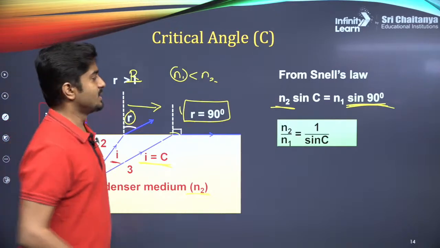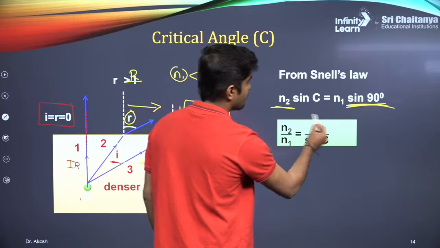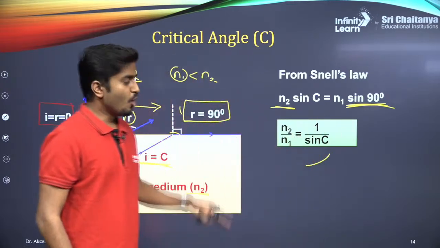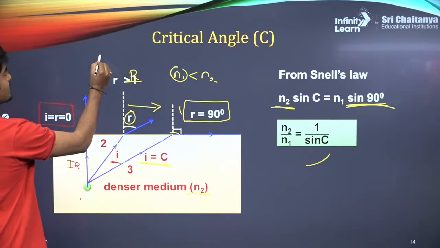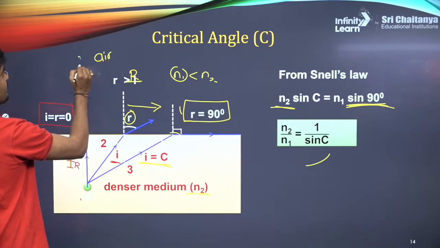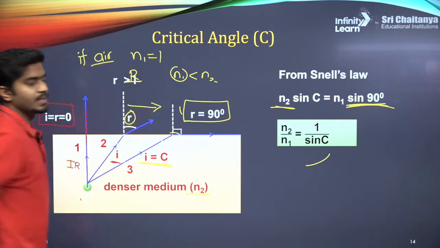Sine 90 is 1. So here we get N2 divided by N1 as 1 by sine C. Or let's suppose the rarer medium is air. If this is air, then N1 will become 1.